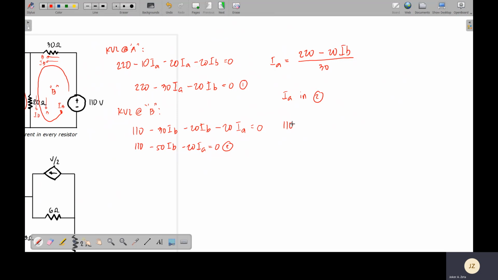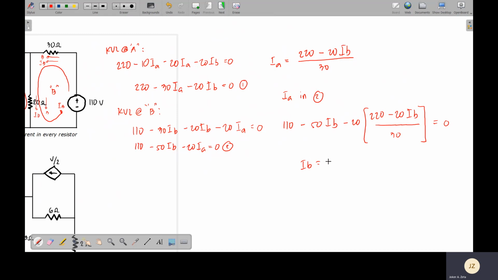So you will have 110 minus 50 IB minus 20 times IA, which is 220 minus 20 IB divided by 30, equal to 0. As you can see here, the only unknown is IB. So solving for IB, we calculate 110 minus 50 X minus 20 times 220 minus 20 X divided by 30, then equate to 0. Shift solve.